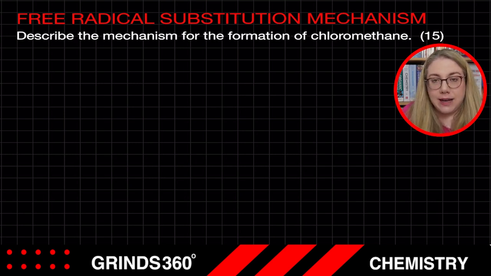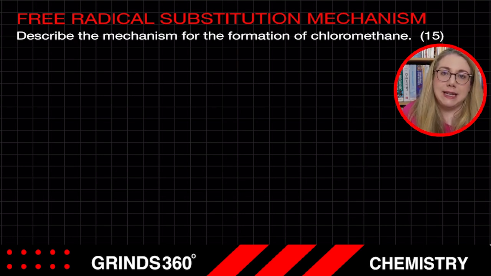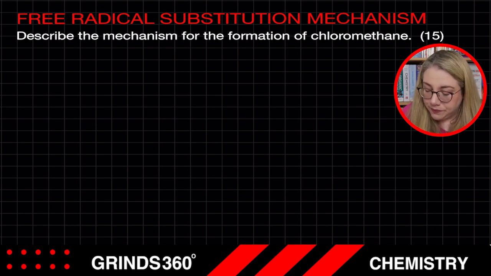So we're going to see if we can figure it out just based on the information that's given. Why that's important is that in the exam, the examiner might not tell you that this is a substitution reaction. So you need to be able to figure that out for yourself based on the information given in the question.